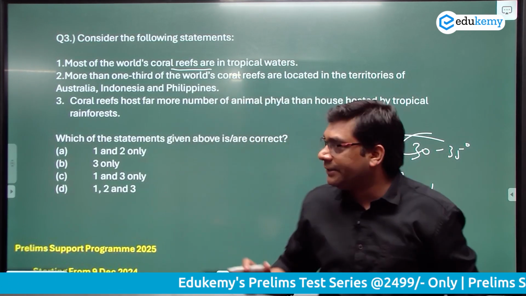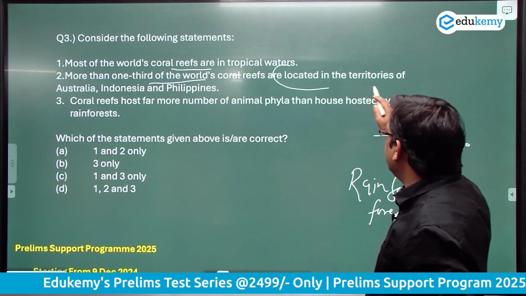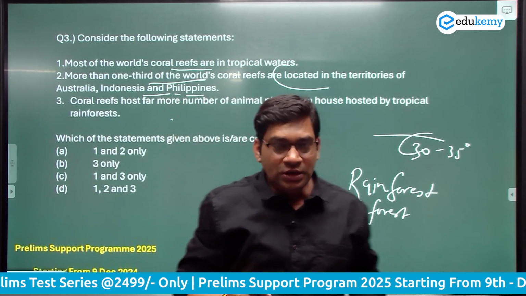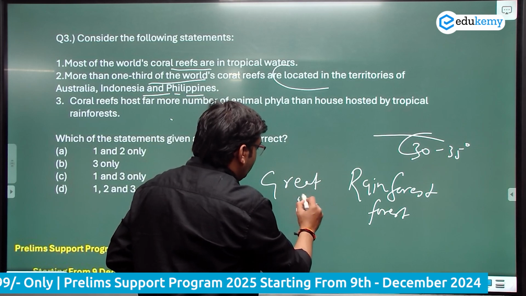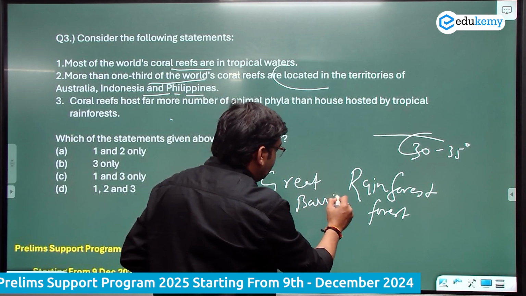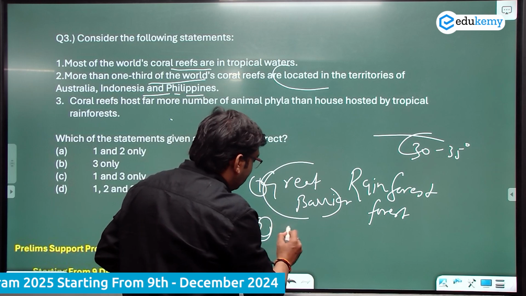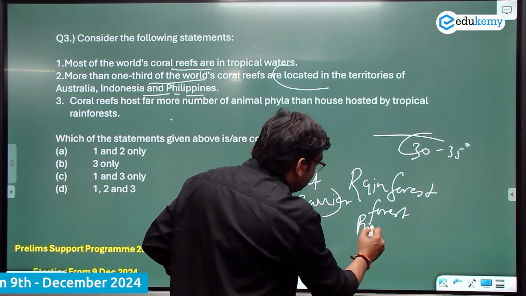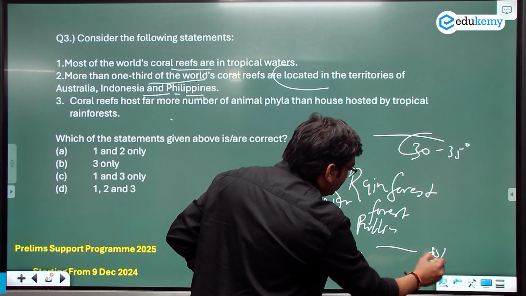पहला statement correct है. Second, more than 1/3 of world's coral reefs are located in the territories of Australia, Indonesia and Philippines. So Great Barrier Reef, remember Great Barrier Reef of Australia, one of the most important locations for coral reef. Second is the Coral Triangle, that includes Philippines, then Indonesia till the Solomon Islands. It makes a triangle.